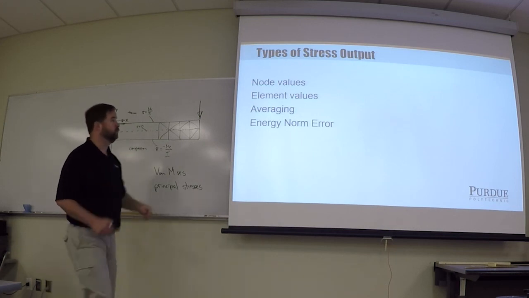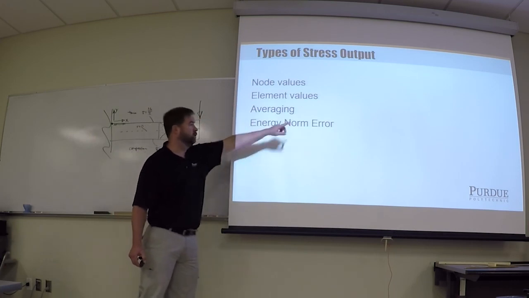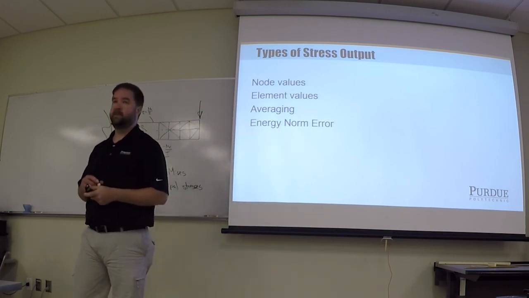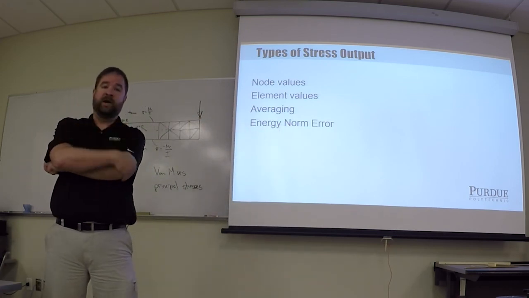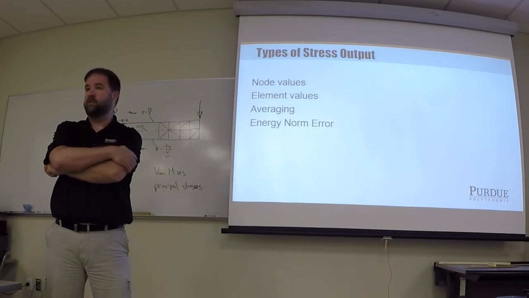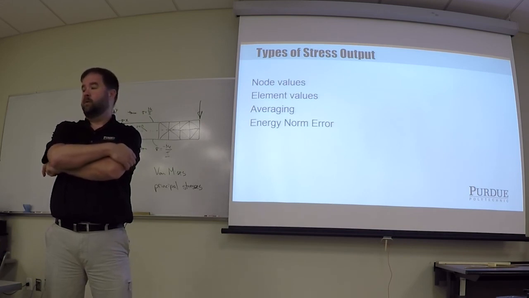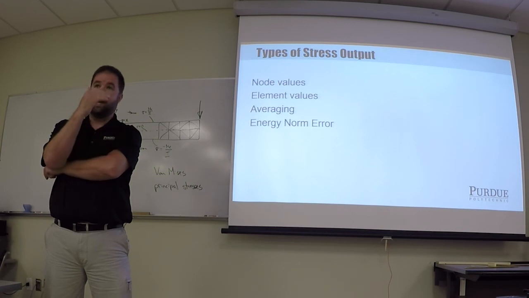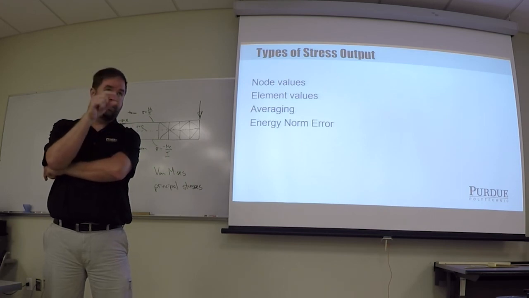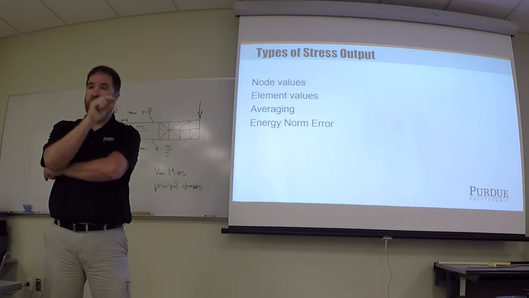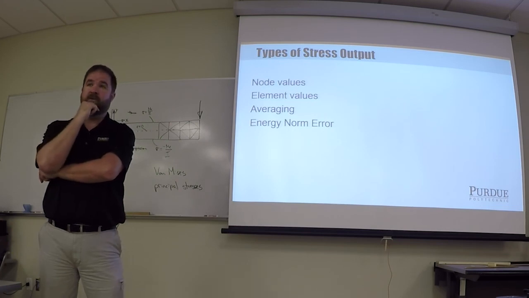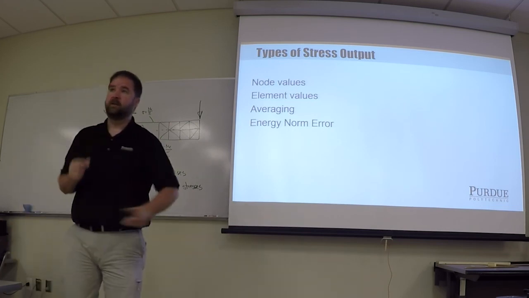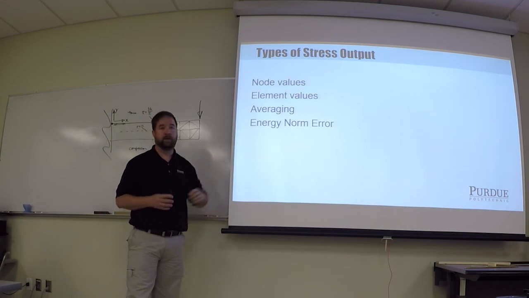Another thing that is really useful is this energy norm error plot. So remember I said we don't get exact results? We need to refine our elements to reduce the error from one element to the next element. And so SolidWorks does a nice thing that is called the energy norm error.